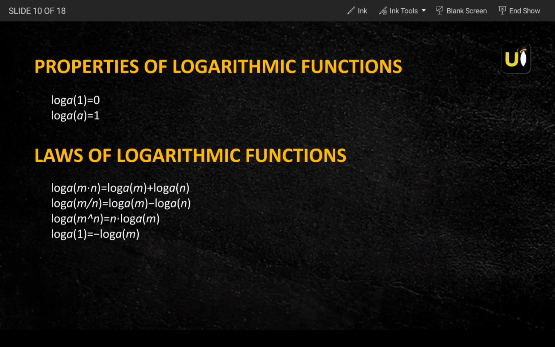Previously we have discussed some properties and laws in the exponential functions. Similarly, there exist some properties and laws for logarithmic functions. See, log 1 to the base a is always 0.